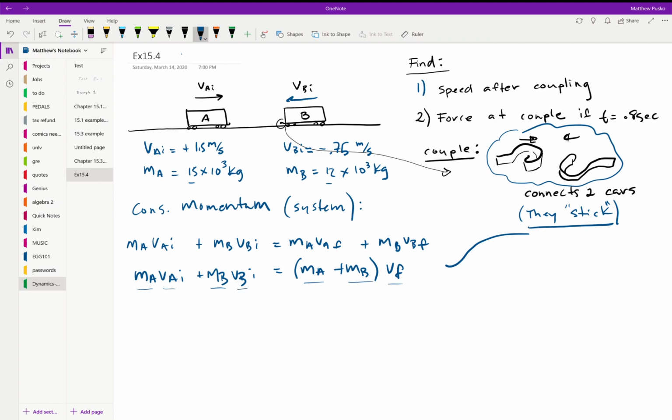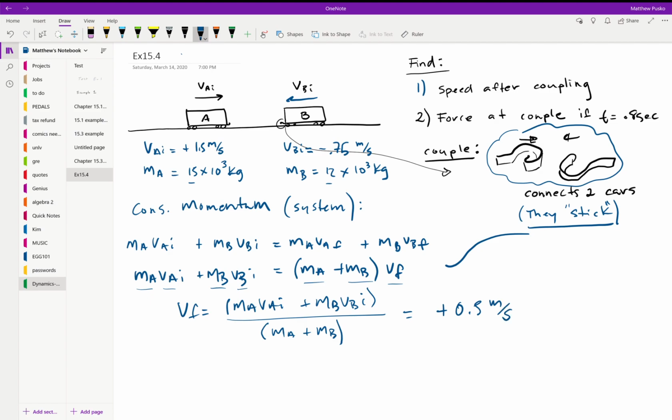We can solve for the final velocity as mass A V_A initial plus mass B V_B initial, all divided by the combined mass. And if you crank that out in your calculator, they will move off together to the right with a positive 0.5 meters per second.